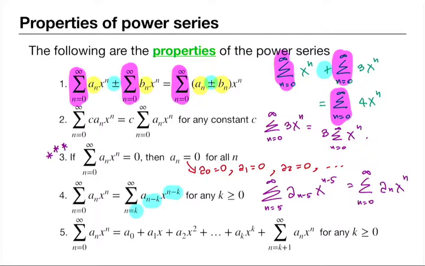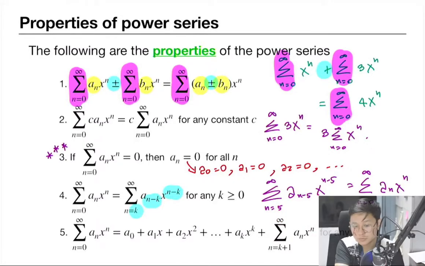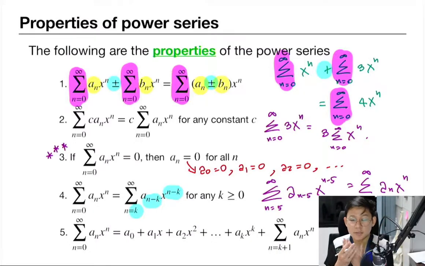Why? Because if n is 5, here is going to be a0 x to the 0, and the first series also gives a0 x to the 0. See? If n is 6, the second term, you're going to get a1 x to the 1, and here the second term you would get a1 x to the 1 as well. See? So they are the same. Good. So it means that you can shift the index from 0 to k, but you need to change n to n minus k. Good.